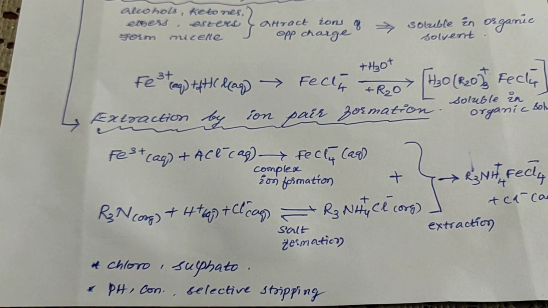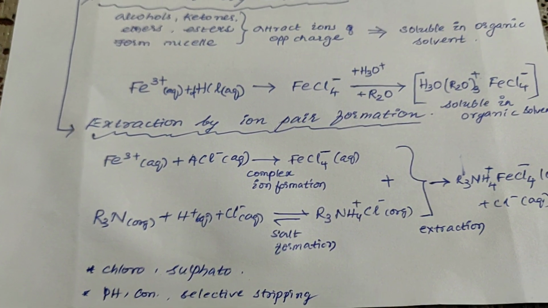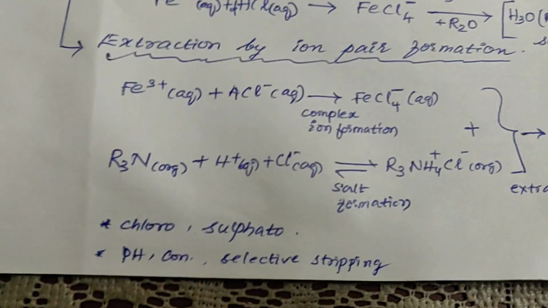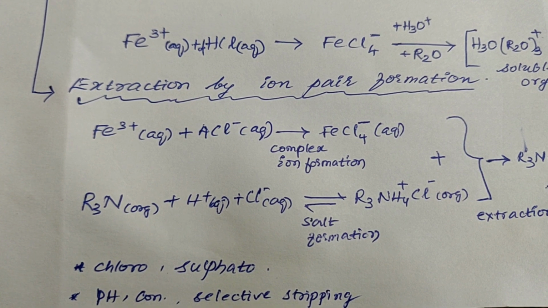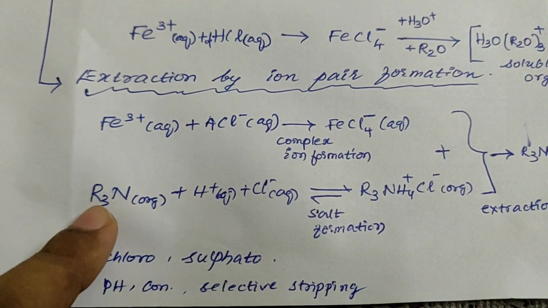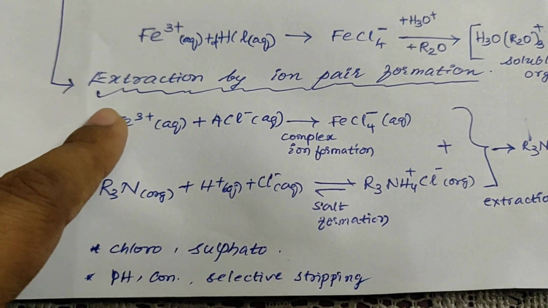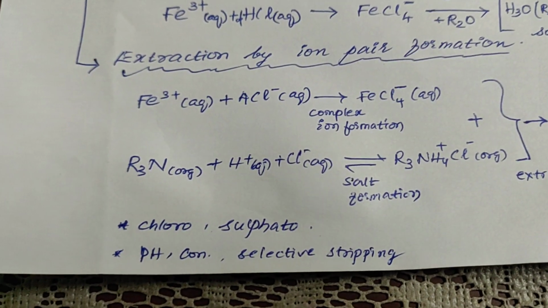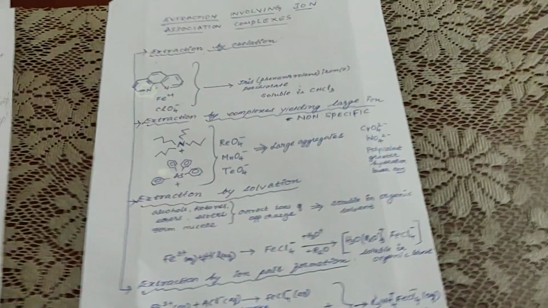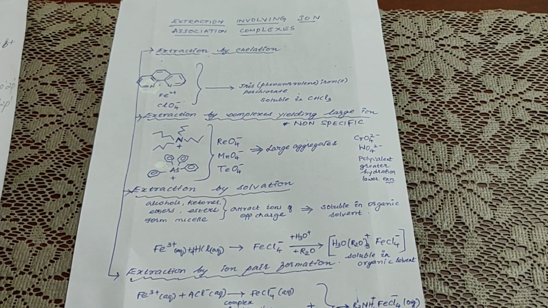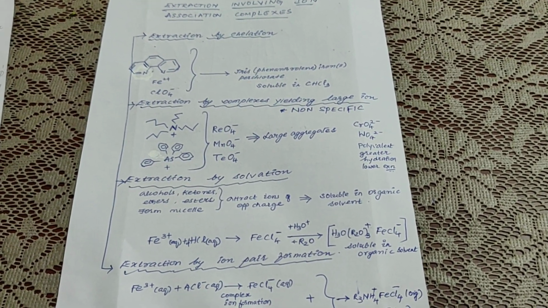This reaction depends upon pH and concentration, that is, the concentration of both the R3N as well as Fe3+. It also depends upon selective stripping. With that we complete the second part, that is, extraction involving ion association complexes.